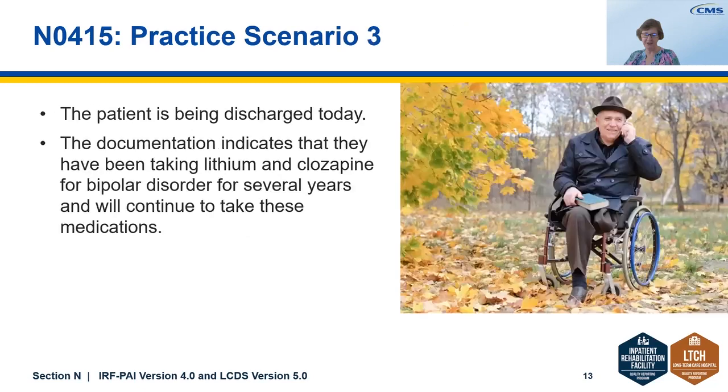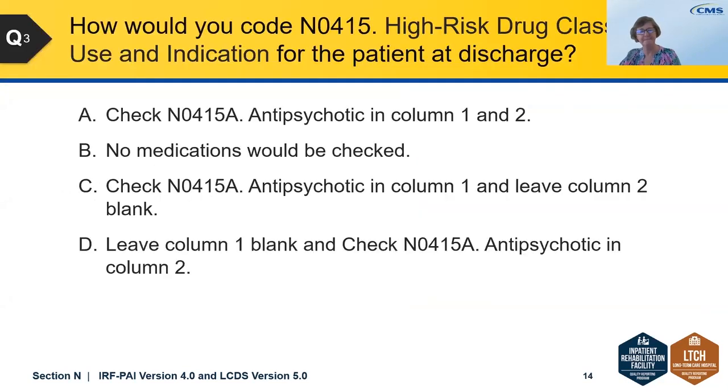Now let's examine a scenario of discharge. In this scenario, the patient is being discharged today. The documentation indicates that they have been taking lithium and clozapine for bipolar disorder for several years and will continue to take these medications. So moving to our poll question, how would you code N0415?